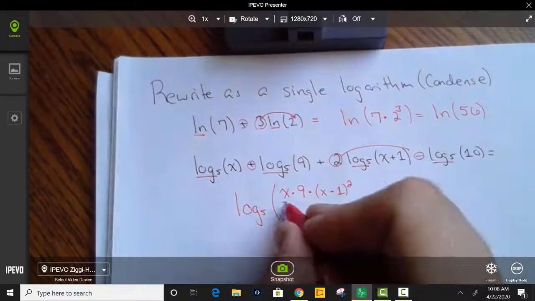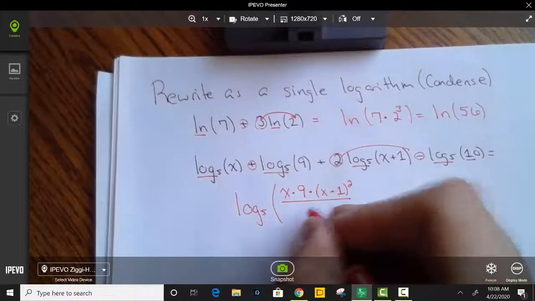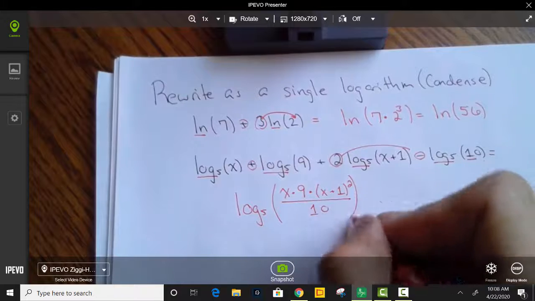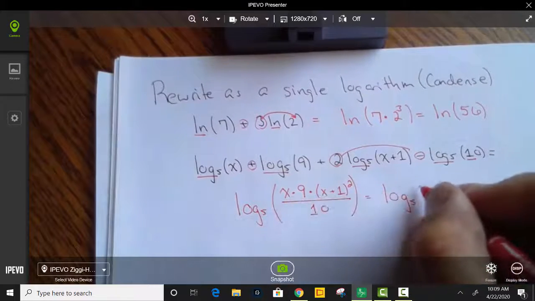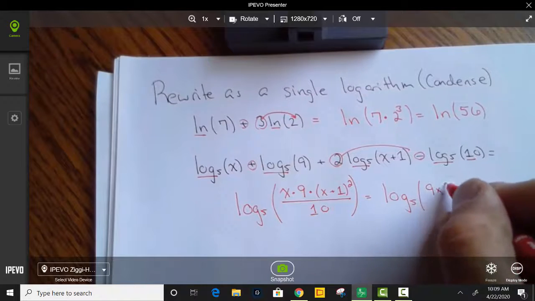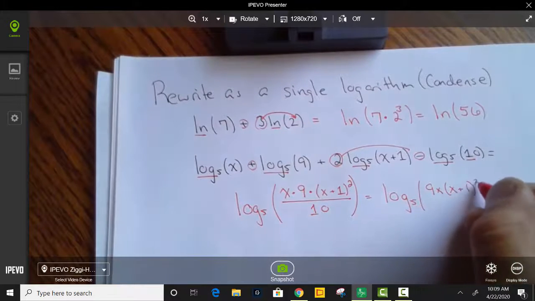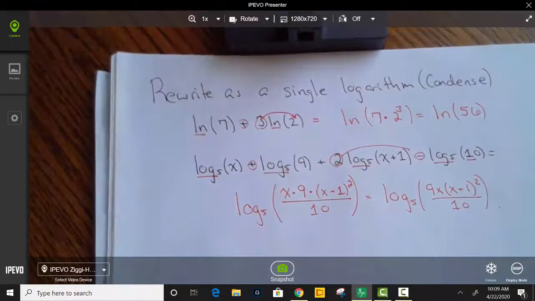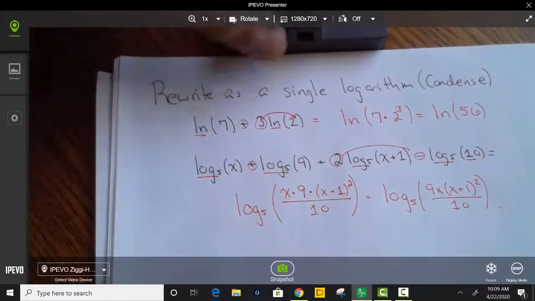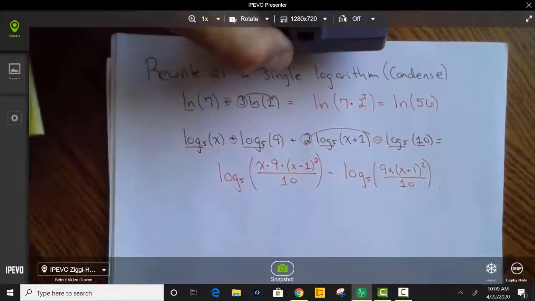The minus then goes to a division, and we're dividing by 10. And then just kind of rewriting this in standard form, instead of x times 9, we typically see this as 9x, x plus 1 squared, all over 10. Okay, and that's taking multiple logarithms and condensing it down into one.